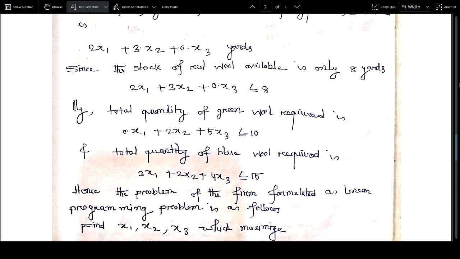And if you want to solve this problem, which method shall we apply here?